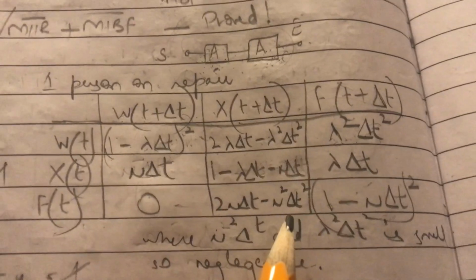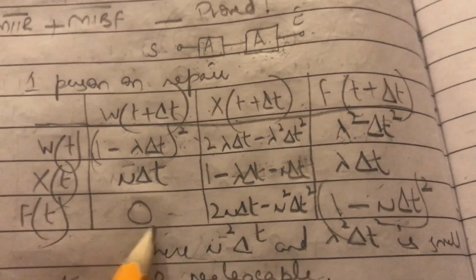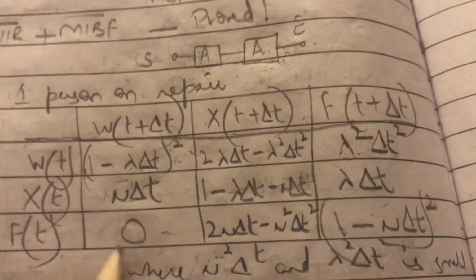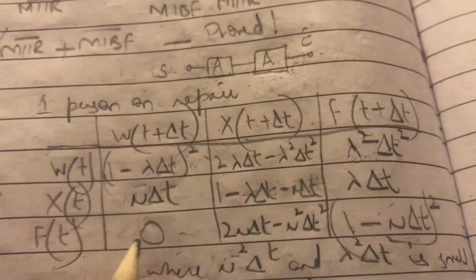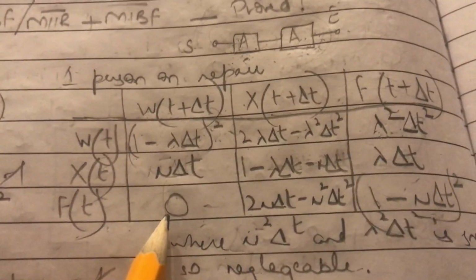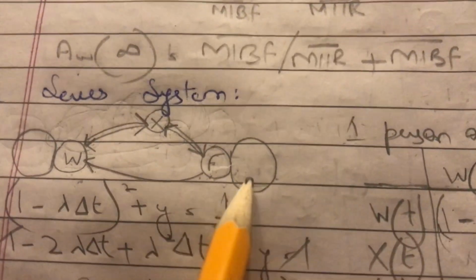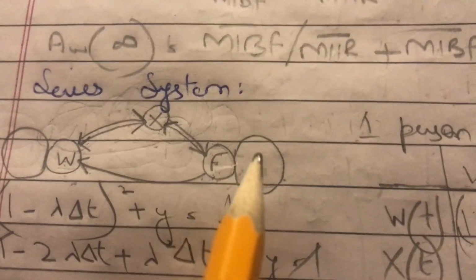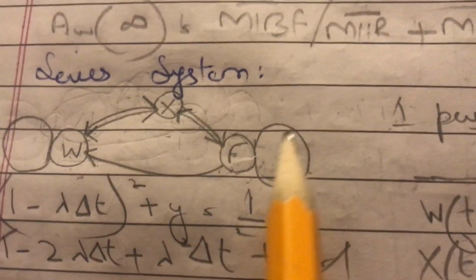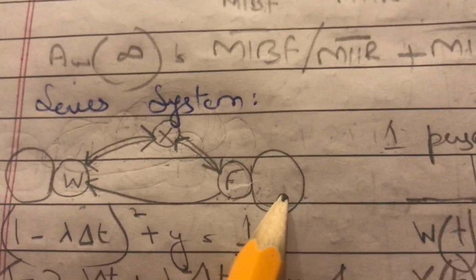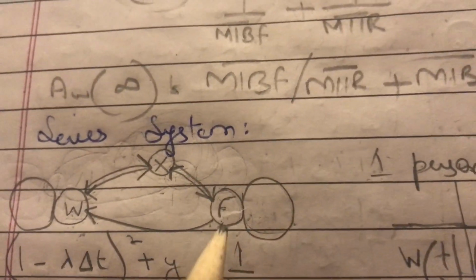So what's next? Now here, as we wrote before, it was in the repair condition. Okay, we are in the mode of repairing condition. First I will tell that when it's in the failed condition, the item has failed, so what would be the repair rate? When the item has failed, it can't be repaired, so it would be 1 minus mu delta t.